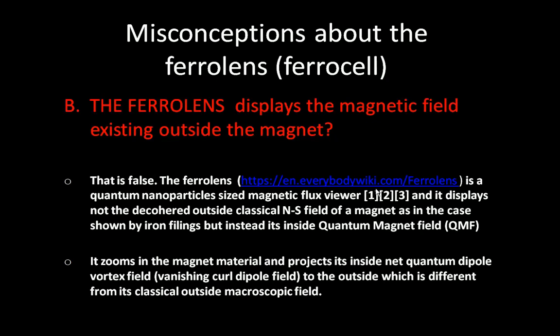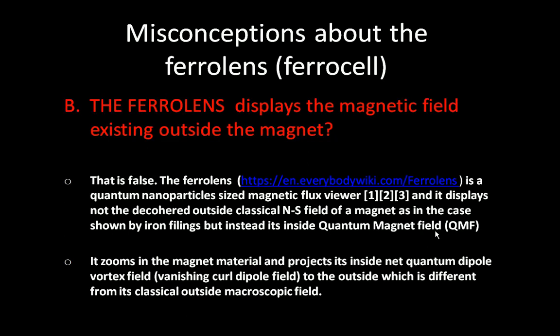It displays not the coherent outside classical north-south field we are taught in schools, as in the case shown by iron filings, but instead, this is the key point, the inside quantum magnet field, which is also by literature different. The inside field of a magnet is different than the outside classical field.